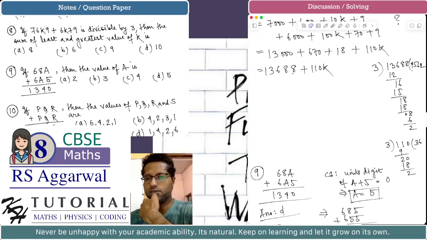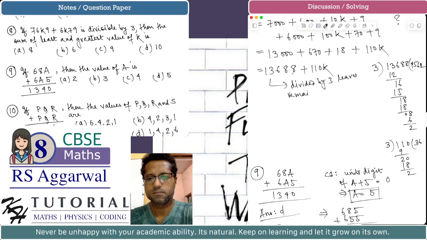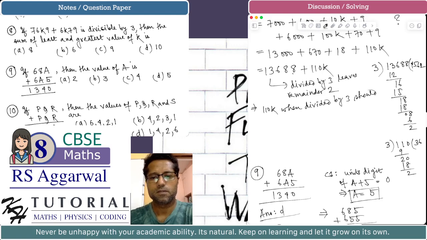Since 13688 when divided by 3 leaves remainder 2, this implies 110k when divided by 3 should leave remainder 1.